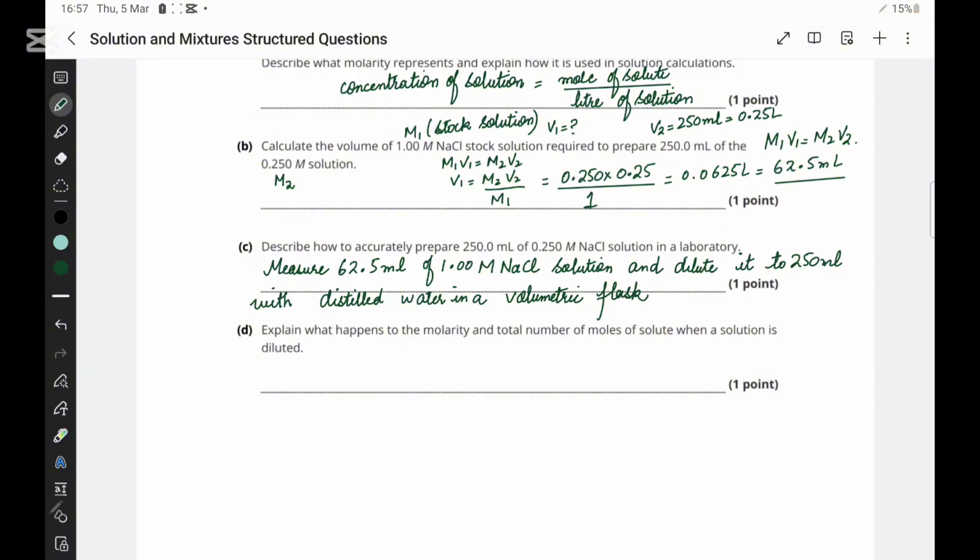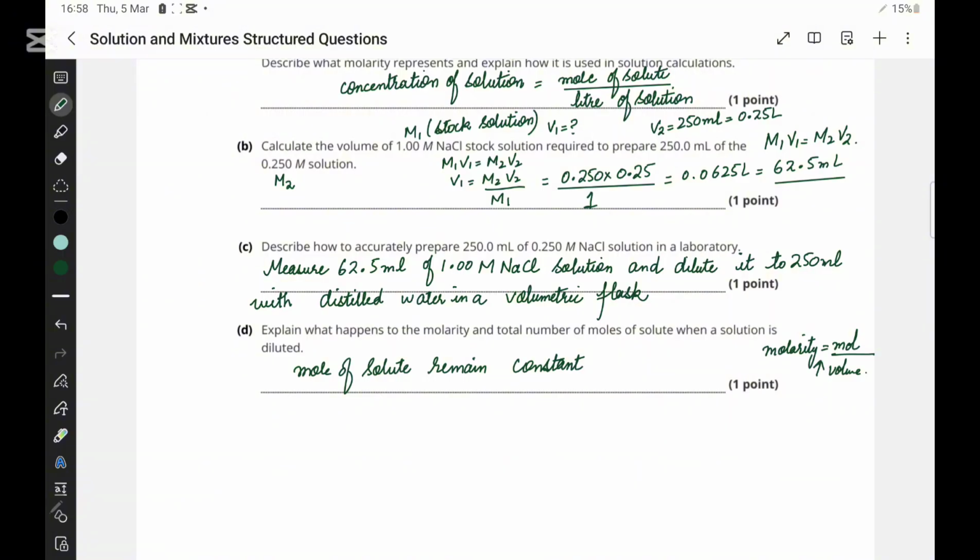What happens to the molarity and the number of moles of solute when a solution is diluted? The moles of solute remain constant. But molarity is basically equal to moles per unit volume. So by increasing the volume, what happens to molarity?